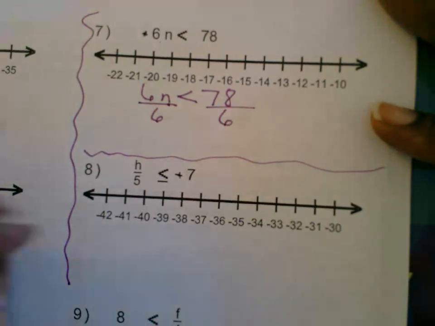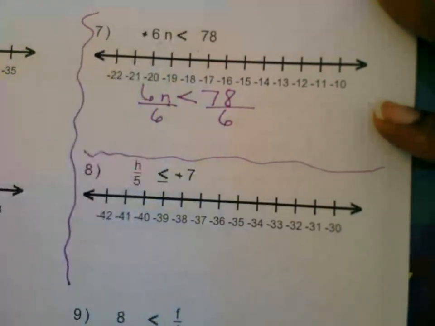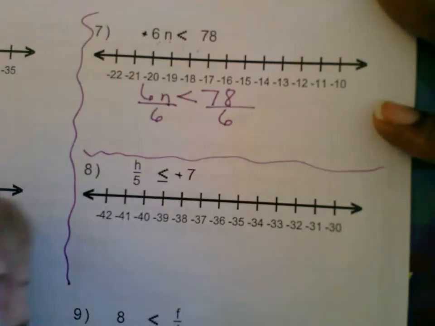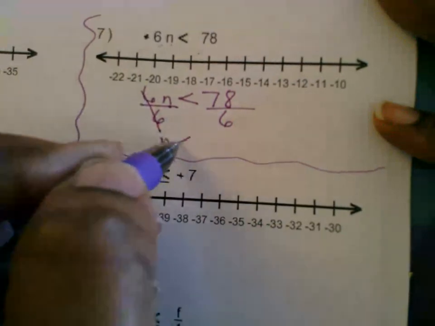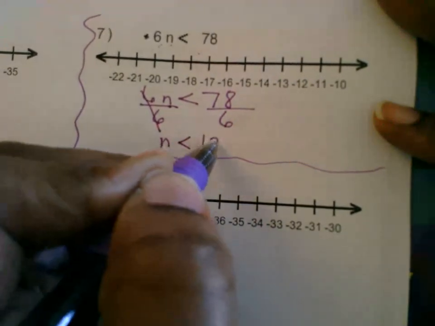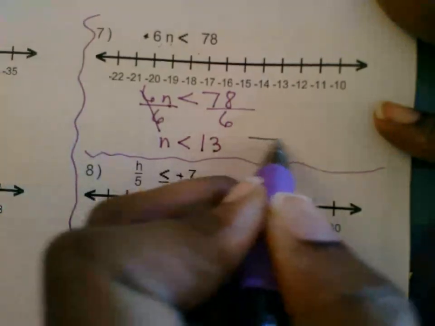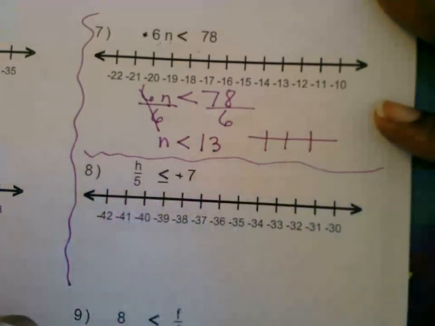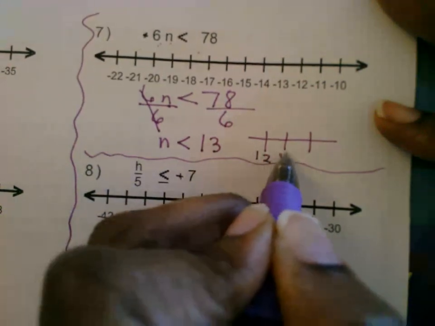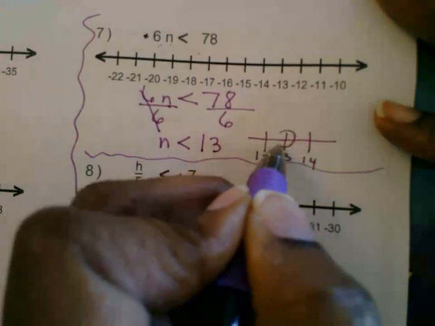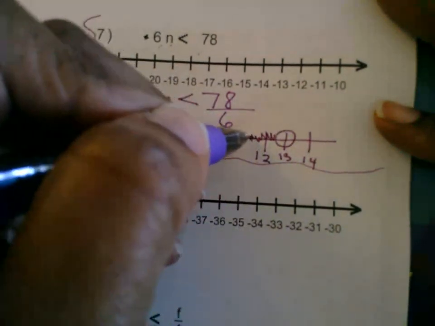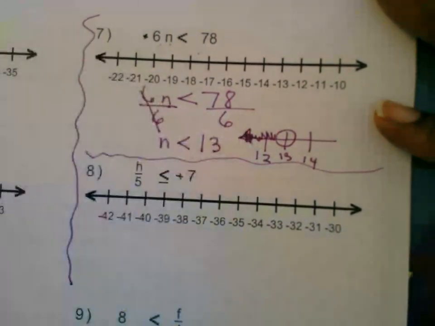This is 6 times n. Did I say division? No, sorry. N is going to be less than 13. This is going to be an open circle, shaded to the left.